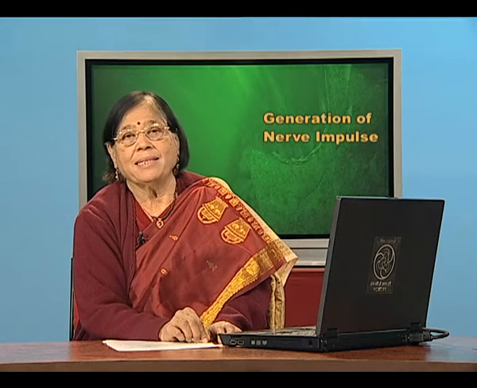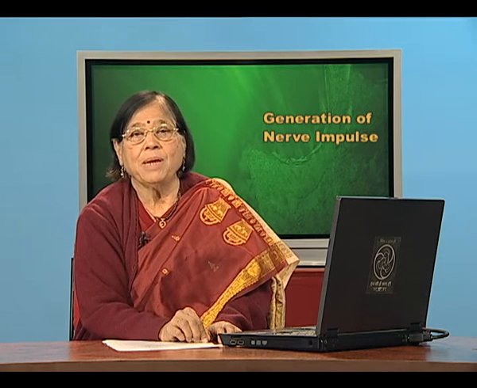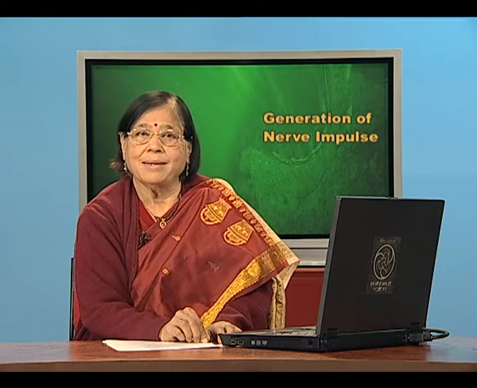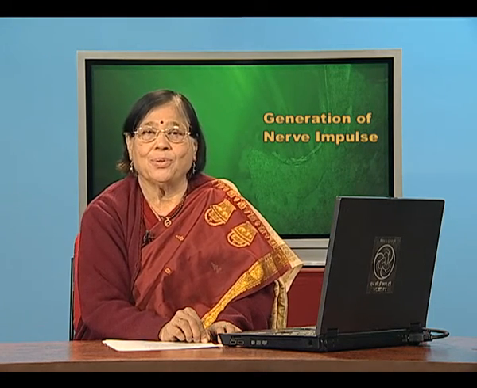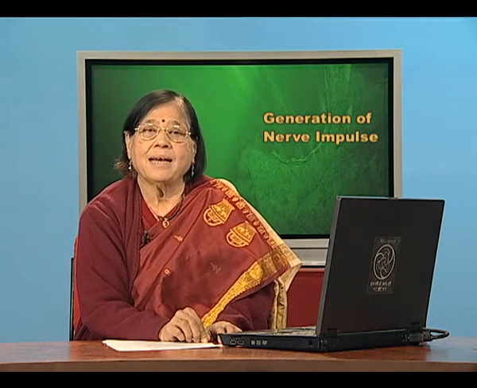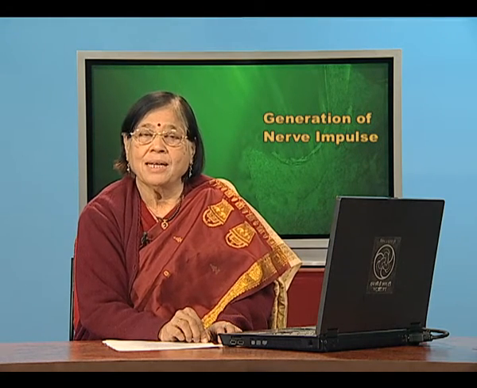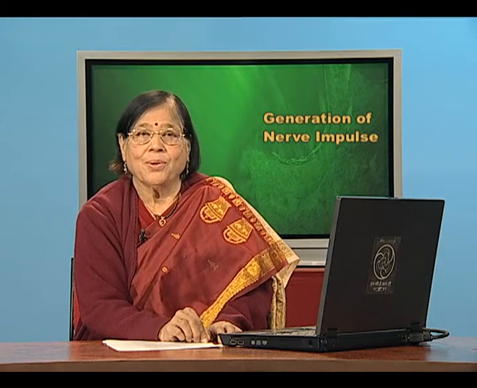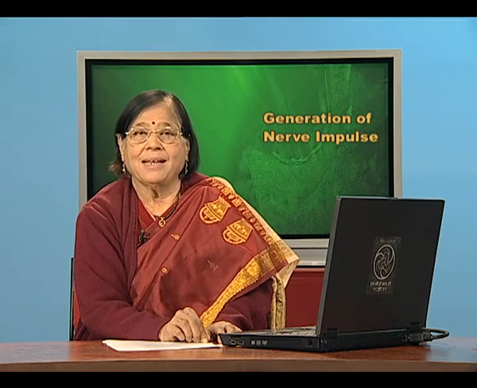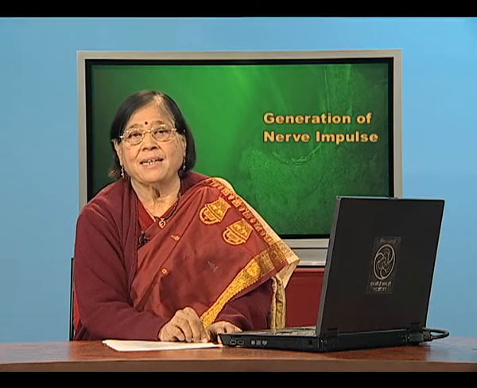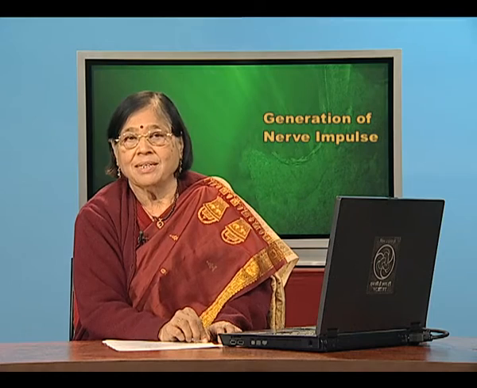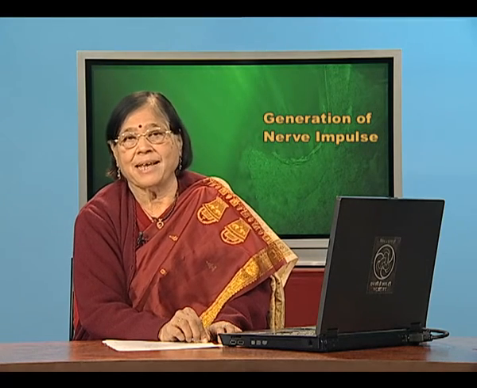Similarly, when this impulse moves from B to C, C will change and B will become normal. So, the point I am trying to emphasize is, as the impulse moves on, the points behind become normal. The nerve cell is in a depolarized condition only at the point where the impulse is, not through which it has moved.